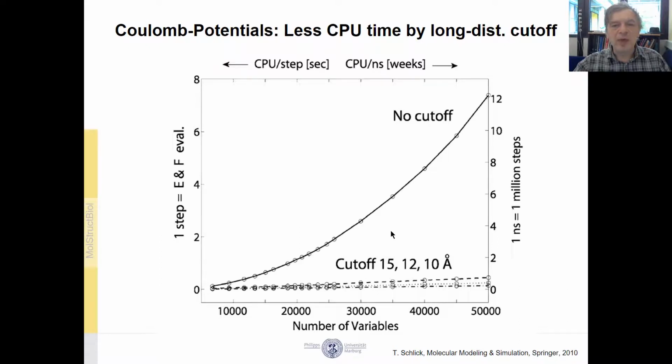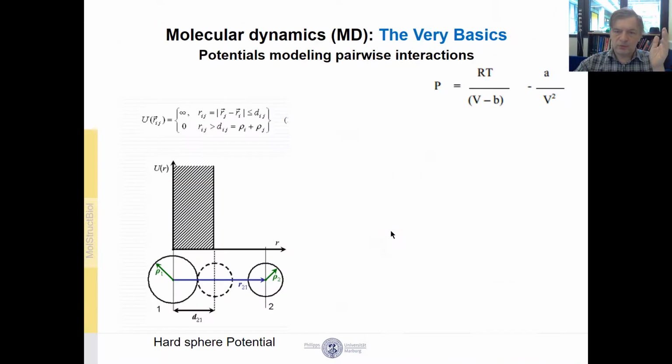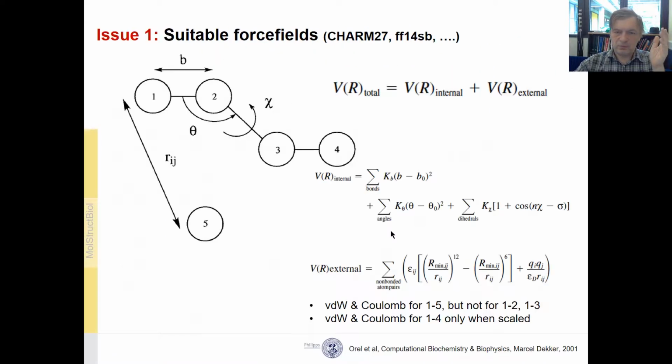So the Coulomb interactions, the charge interactions, have a pretty long range. As you remember, Coulomb interactions go with 1 over R for the energy, and 1 over R squared for the force, so they are pretty long range compared to the van der Waals.